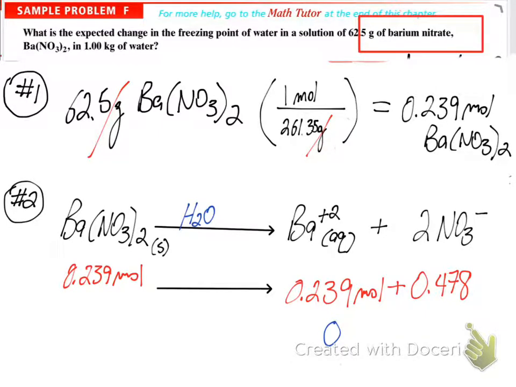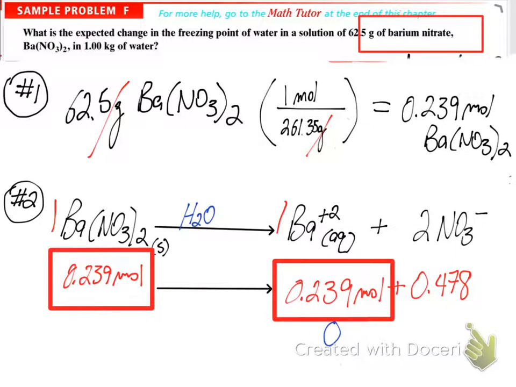So, because this is a 1 to 1 to 2 ratio, 0.239 moles of the initial salt is going to produce 0.239 moles of the barium plus 2, and then 0.239 times 2, or 0.478 moles of the nitrate.